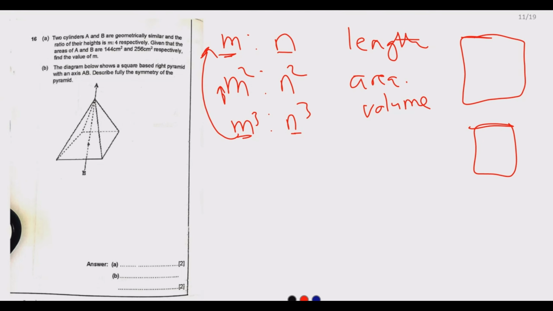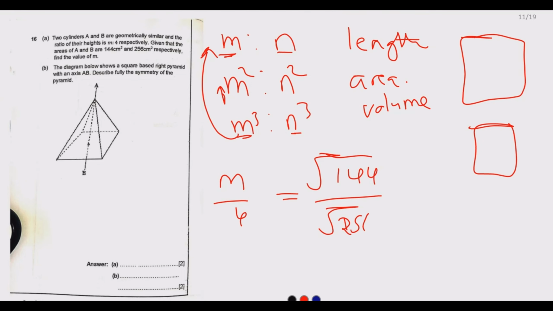So similarly, we have in this case m over 4 equal to the square root of the ratio of these individual areas, 144 over 256. So what this tells us is m to 4 equals the square root of 144, which is 12, over the square root of 256, which is 16.